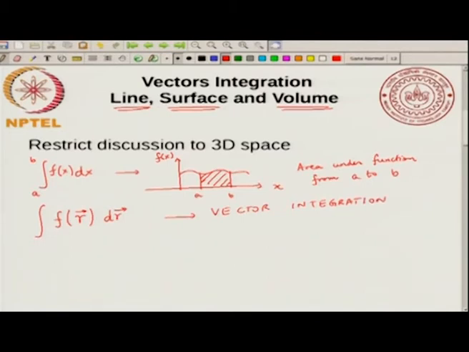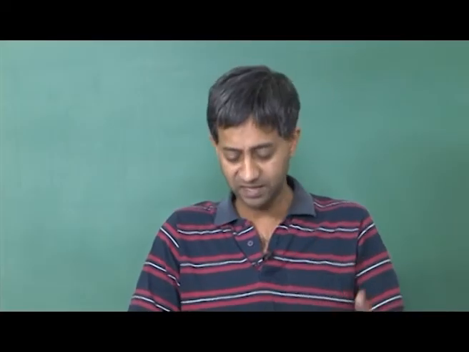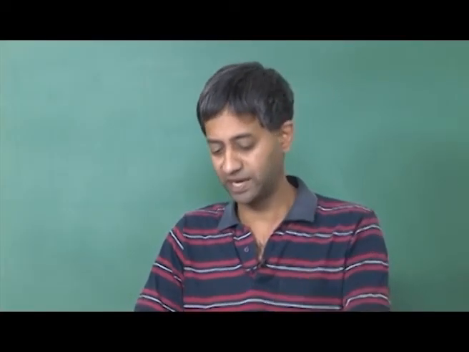This is the general idea of vector integration, that we want to do some sort of integral over a vector. And now how do you put the limits, how do you define this? As we discuss that, we will come to line, surface and volume integrals very naturally.